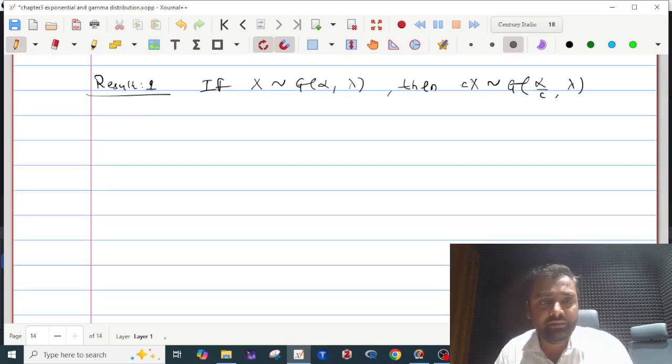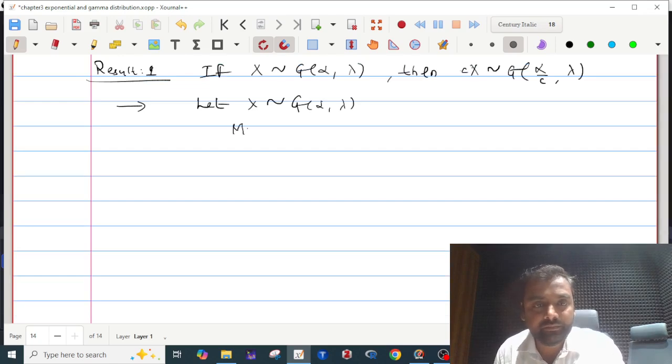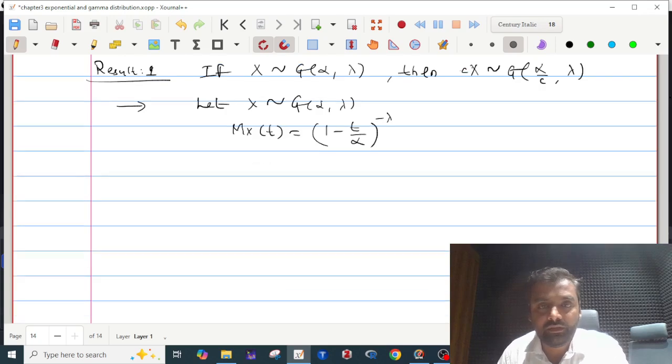Proof is very simple. We will prove this by the MGF approach. If X is gamma alpha, lambda, its MGF is (1 minus t upon lambda) to the power minus alpha. We have to find the distribution of cX.